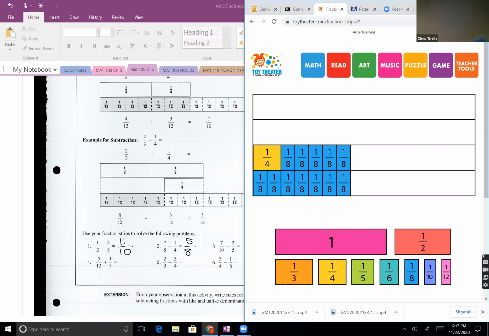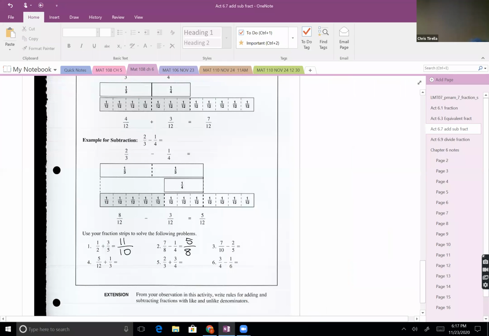So then the next question becomes, do you folks have your activity manuals and your fraction strips and things with you? Is it worth time right now to stop and have you folks try some of those on your own? Or do you not have them? So talk to me, people. Are you guys doing a couple of these on your own now or not? Should we do the breakout room thing again?